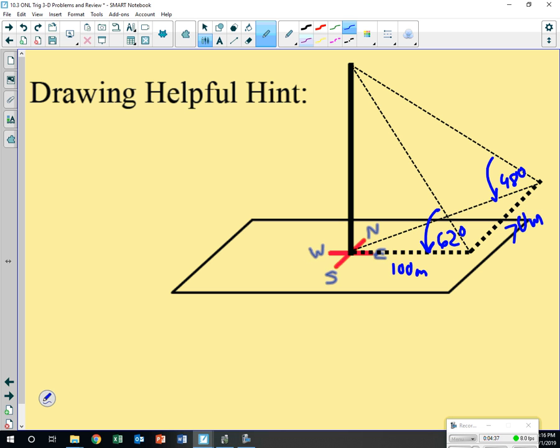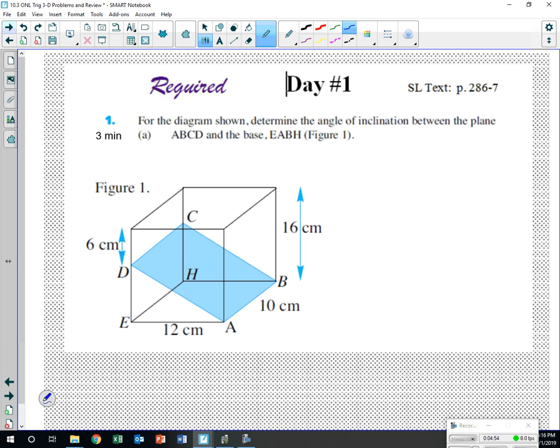Well, this one would be silly because if they gave you this 100 meters and 62, you could find the height easy. But if they didn't give you this and they gave you these two, now you've got an interesting problem. And that is exactly what we're going to be working on one of these days.